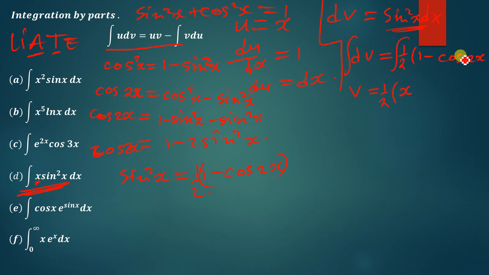If I integrate cos 2x with respect to x, I'm going to have sine 2x, and everything divided by 2. So this is what I'm going to get. So this is my v.